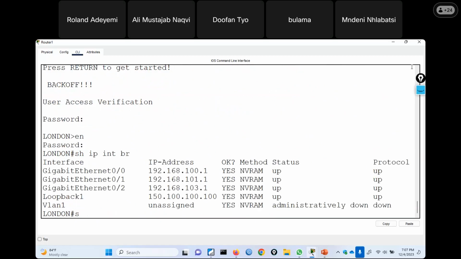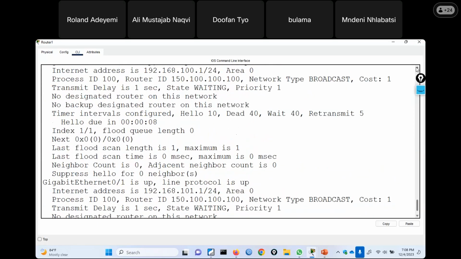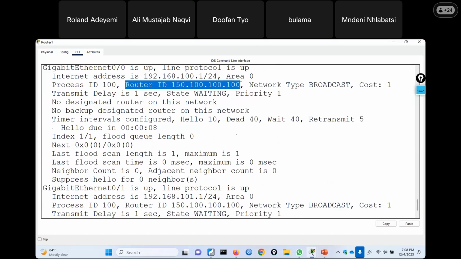Show ip ospf interface. So let's find out. What did we see here? This is not the highest IP address, but because it is on a loopback interface, the router will use it as its router ID.